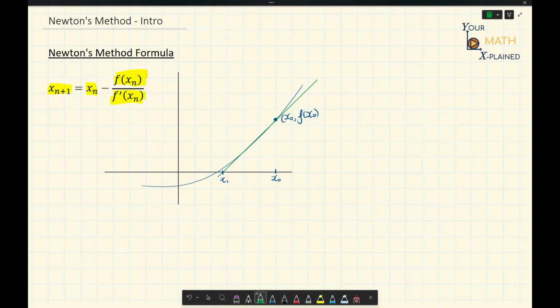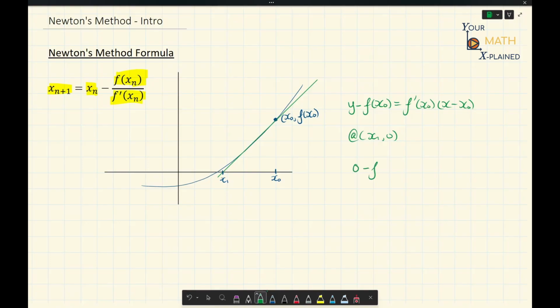Now how this formula is derived is this. The equation of this tangent line here is going to be y minus the y value of our dot, which is f of x naught, equal to the slope, which is f prime of x naught, multiplied by x minus x naught. And since we want to find where this line intersects the x-axis, we know that that point is at x1 comma 0, meaning our y value here is 0.